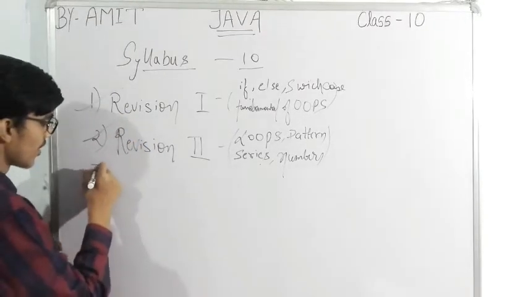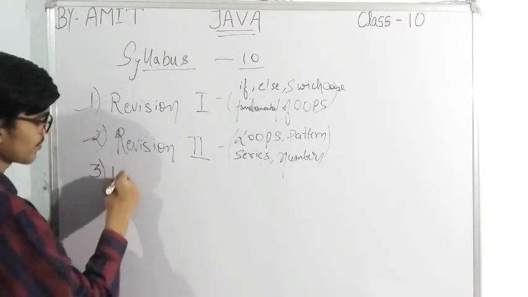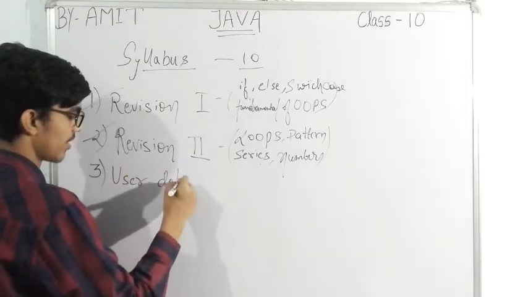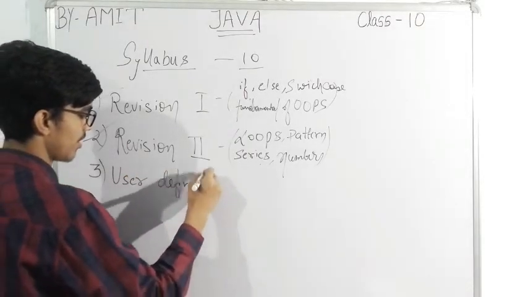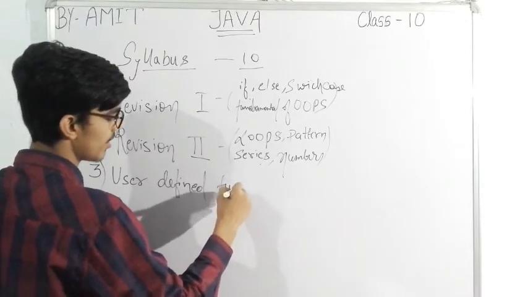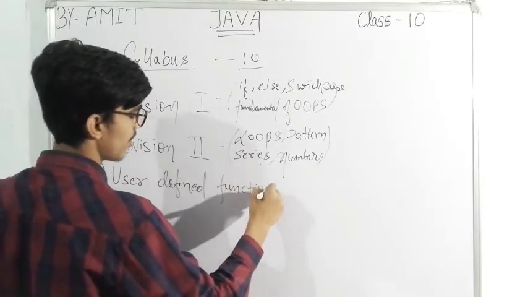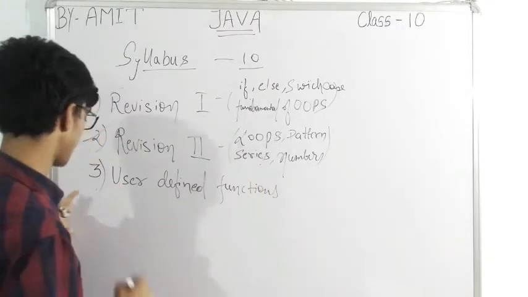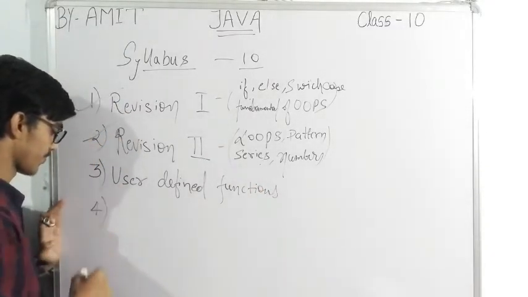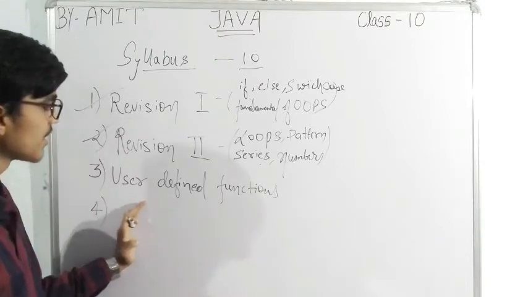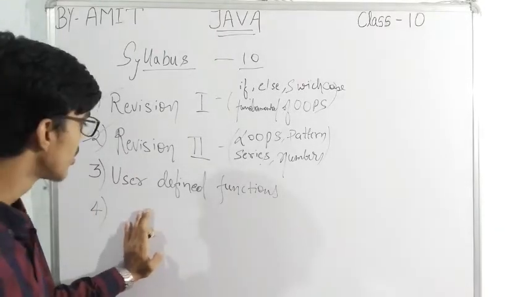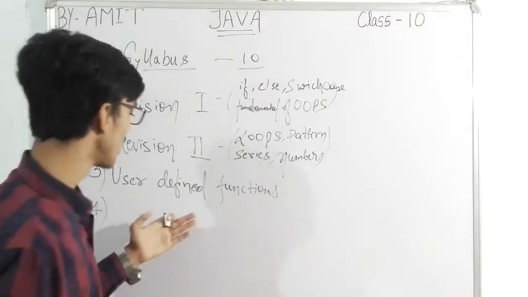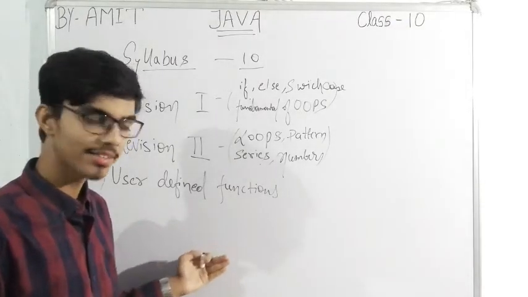So third, what we have, user defined functions. Fourth, user defined function means that the user defines how to use it, which we will learn in our further classes.